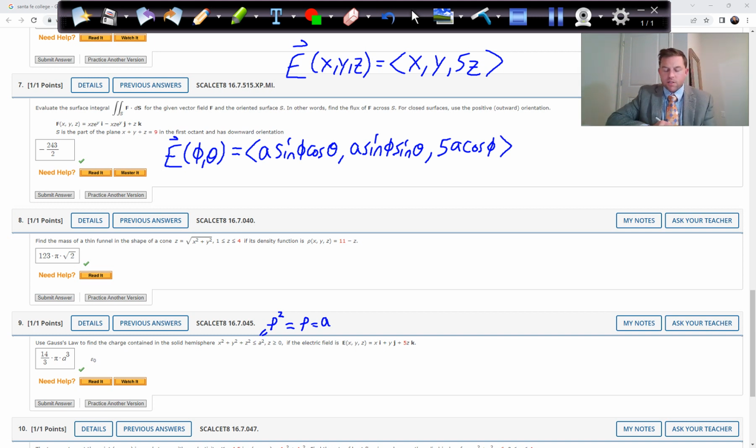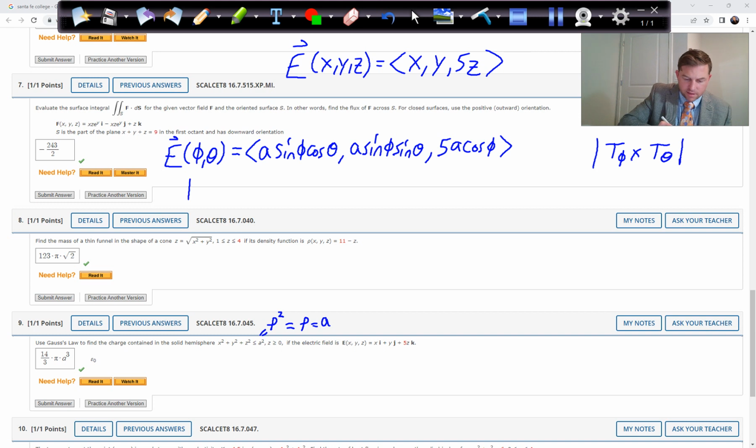Okay, now part of this is we're going to calculate the partial derivative with respect to phi crossed with the partial derivative with respect to theta. And in spherical coordinates, we call that t phi and t theta, kind of like using r when we do polar coordinates.